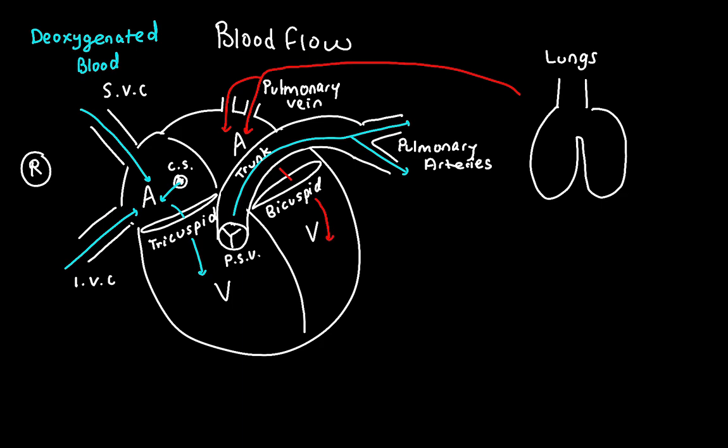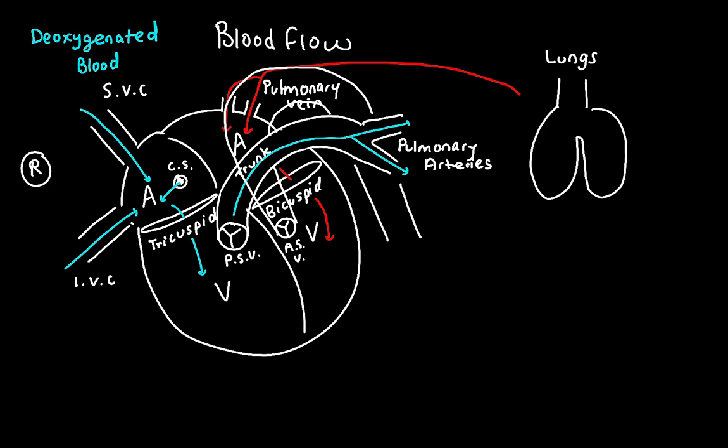From the left ventricle, we're going to go through the aortic semilunar valve, the aortic semilunar valve is going to give rise to the aorta, and the aortic arch.